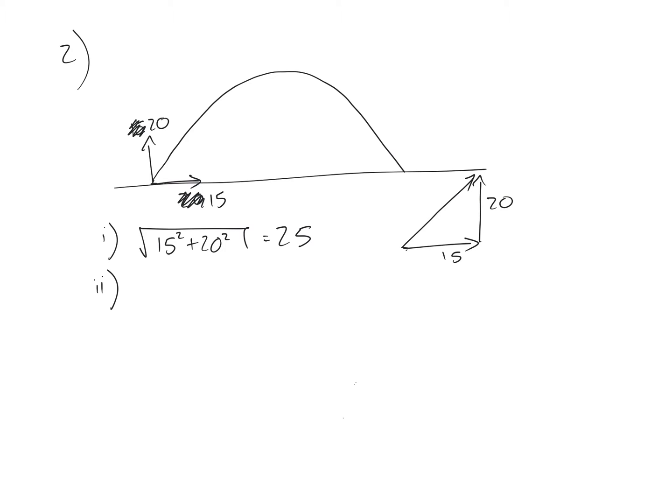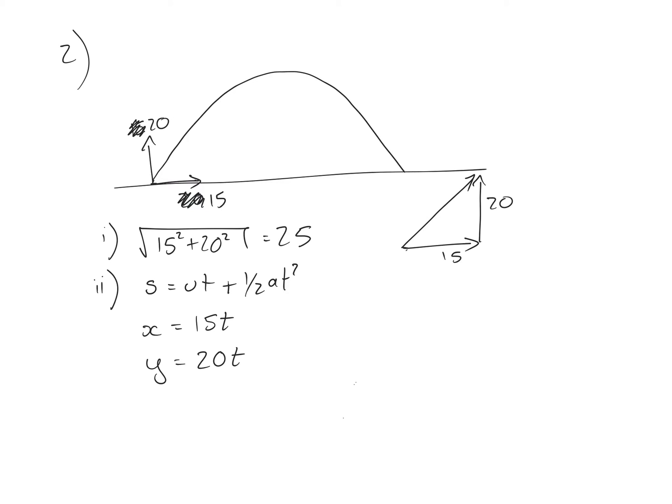So I will go for s equals ut plus half at squared, and do it in the horizontal direction. So x equals ut and y equals ut. No acceleration in the x direction, but there is in the y direction.